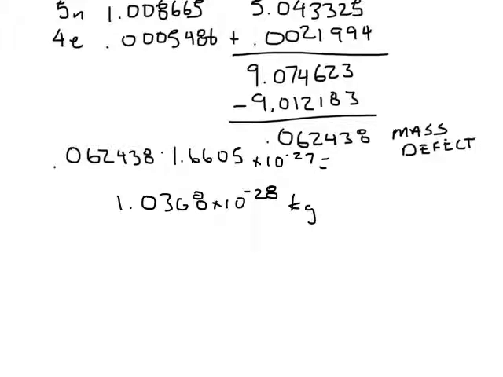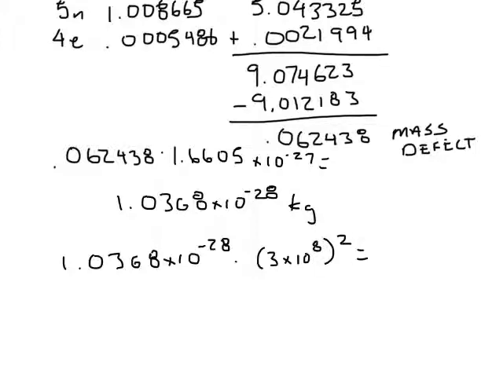Now that can go into E equals mc squared to get my nuclear binding energy. And that is now in joules. That is my nuclear binding energy.